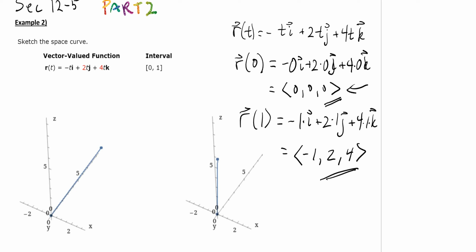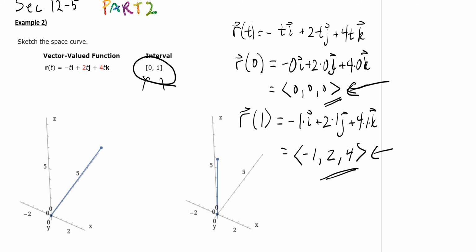It's just a little easier, I think, for most people to digest the point plotting aspect of the vector-valued functions when you use component form with the angle brackets, because that essentially is a point. So now we're looking for the point negative 1, 2, 4 as the end point of our interval that's being traced out as the parameter t goes from 0 to 1.